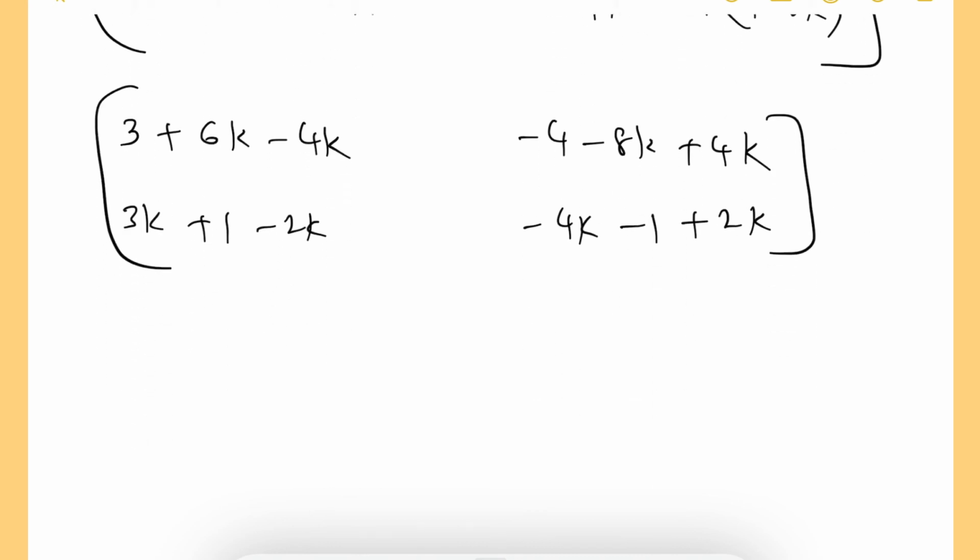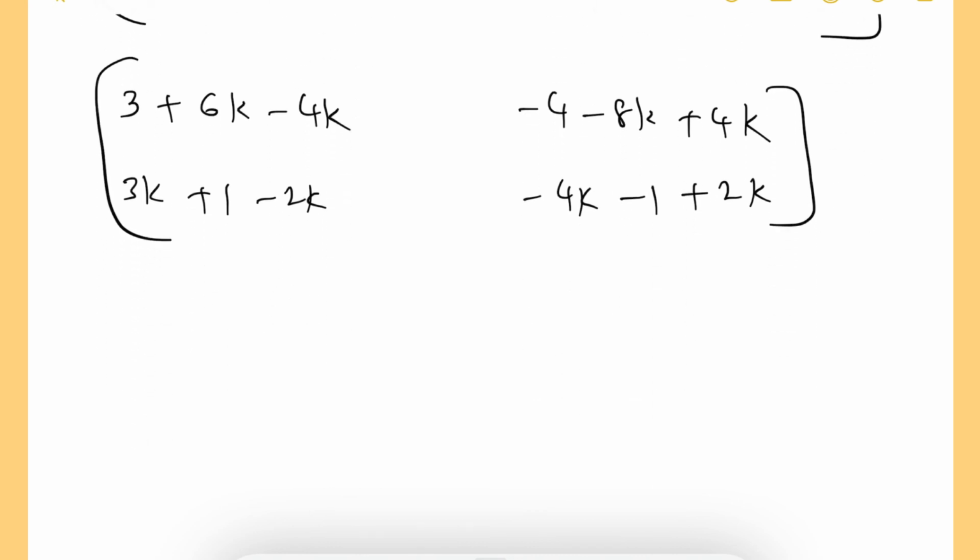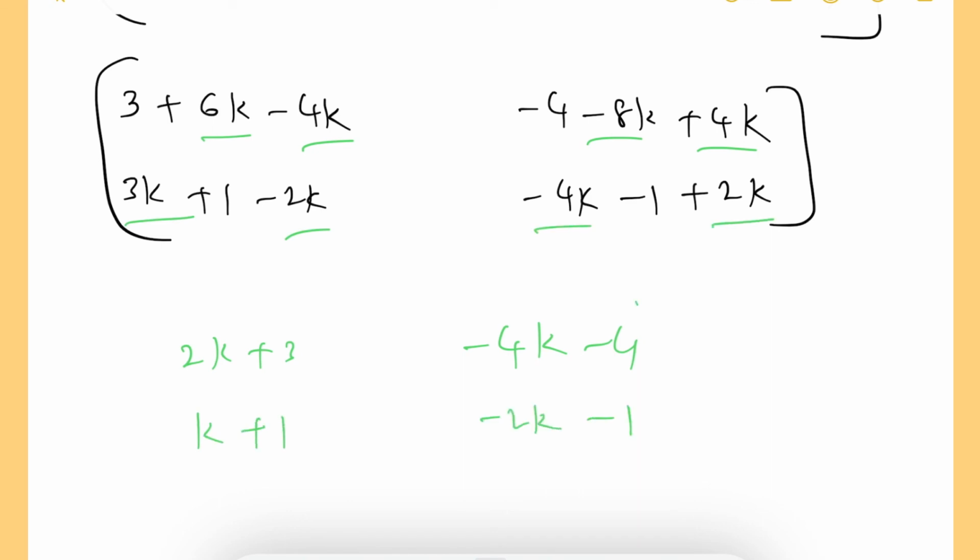Okay, if any further simplification is possible, let us do that also now. 6k minus 4k, 2k plus 3 as it is, minus 8k plus 4k, minus 4k, minus 4 as it is, 3k minus 2k, k plus 1 as it is, minus 4k plus 2k, minus 2k minus 1 as it is.